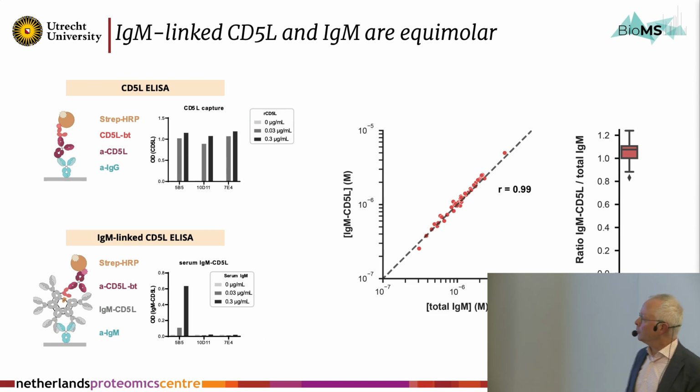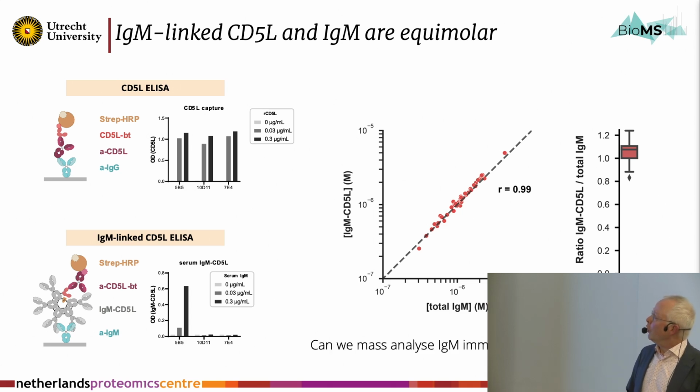But finally we had one. And we could show that really every IgM molecule in your blood contains also CD5L. And then you ask, how can this have been overlooked? But this is sometimes how science works, I think. So we could really get evidence that every IgM molecule in your blood contains a CD5L.